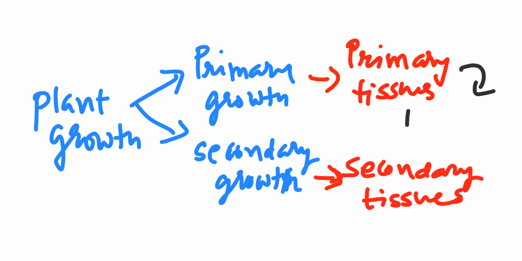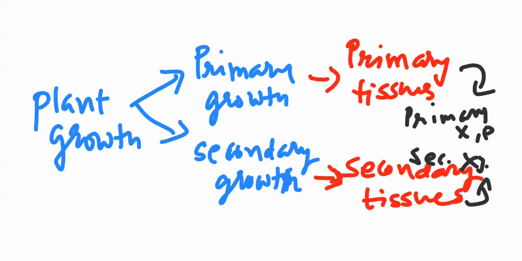So there will be primary xylem and phloem. Similarly, on the other hand, we will have secondary xylem and phloem. Is it clear to all of you? Yes or no?